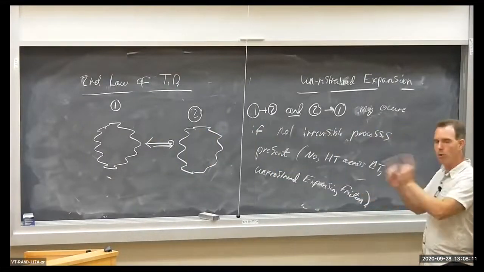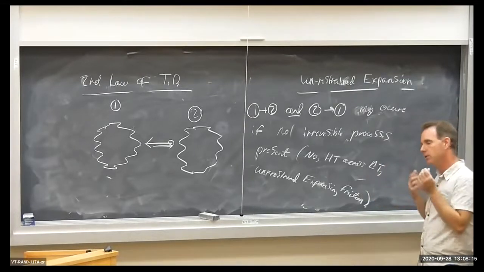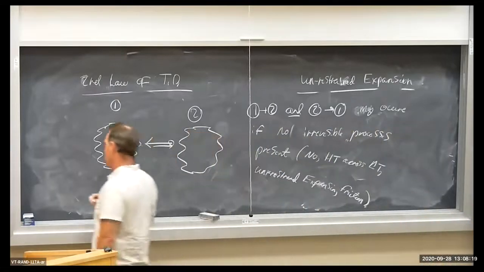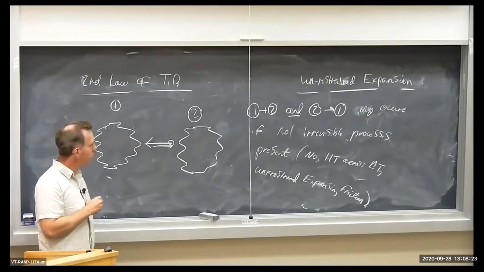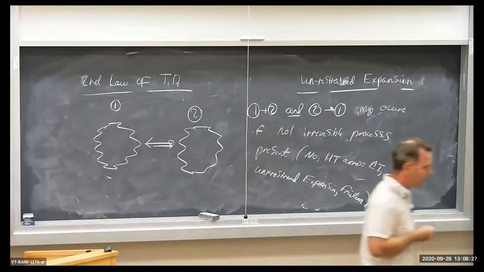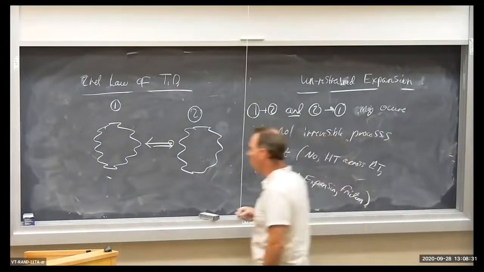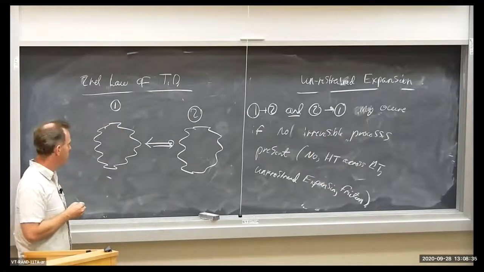I can go 2 to 1, 1 to 2. Either one may technically occur. And these processes that can go in any direction must not have heat transfer across a finite temperature difference, unrestrained expansion, or friction. Okay?